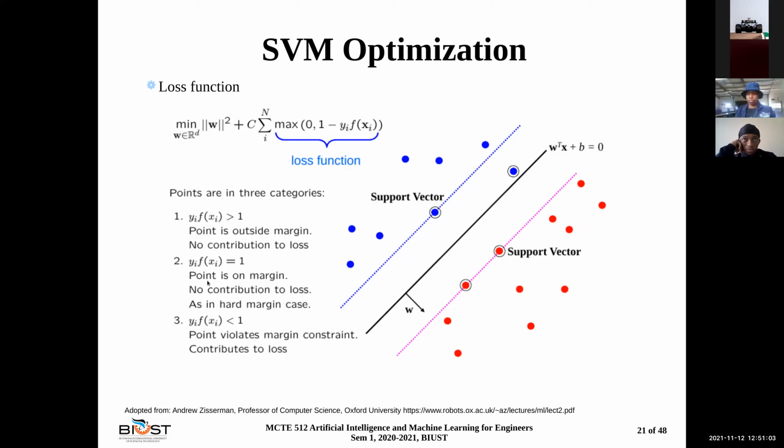If your point is on the margin, so that is equal to 1, it becomes 0. And if your point violates the margin constraint, that means this is less than 1, so it becomes a big positive number, it violates the condition, and so it contributes to the loss. That's how the loss function is interpreted.